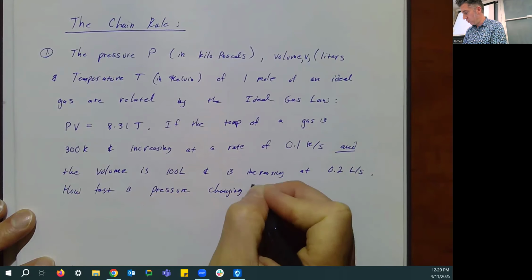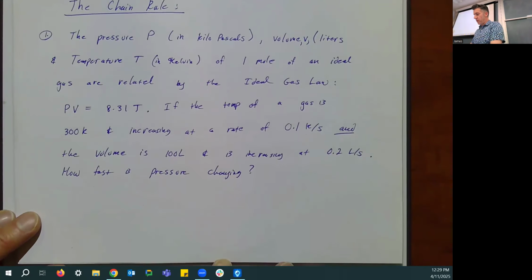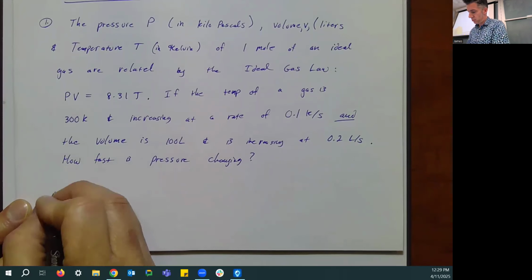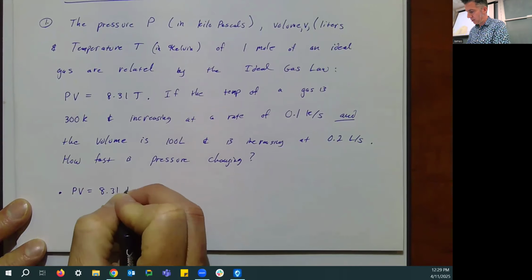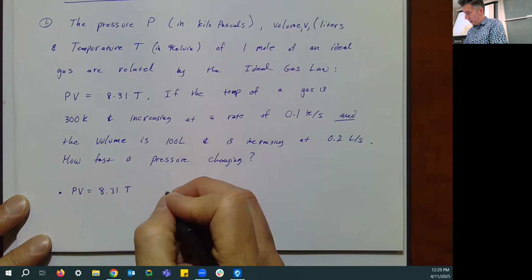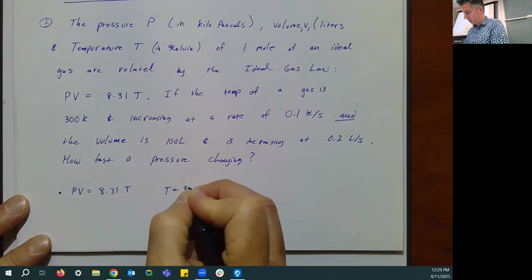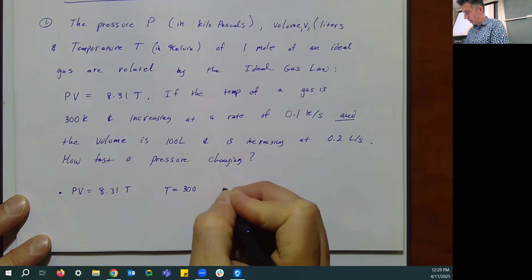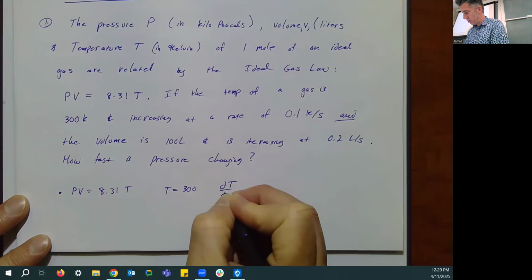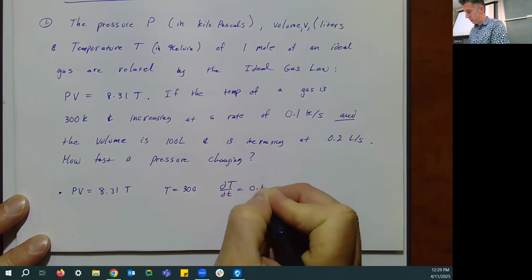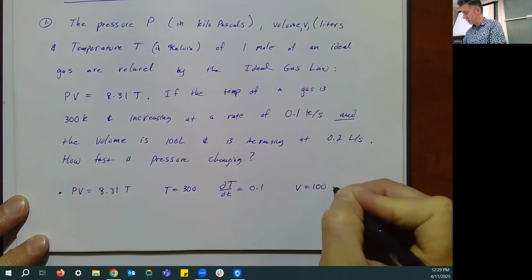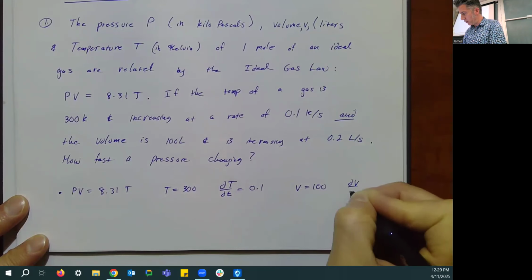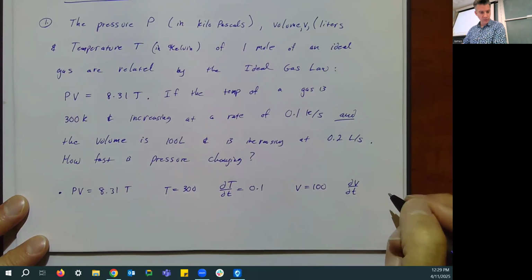Again, if you read all that, here are the things you should actually write down. The equation, PV equals 8.31 T. The temperature is 300 Kelvin. The rate of change of the temperature is 0.1 kelvins per second. The volume is 100 liters, and the rate of change of the volume is 0.2 liters per second.